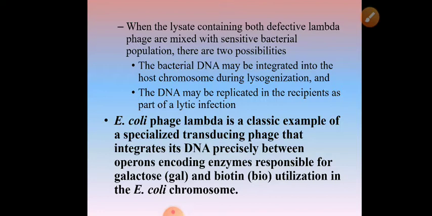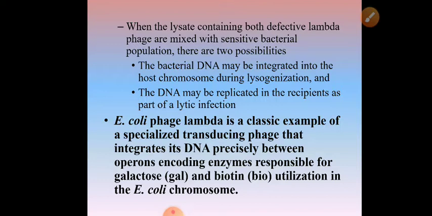That means lambda phage attaches itself to the host E. coli and releases its DNA inside E. coli. But lambda phage is not immediately capable of undergoing the lytic cycle. So the lambda DNA gets integrated inside the chromosomal DNA of E. coli and exists as prophage.